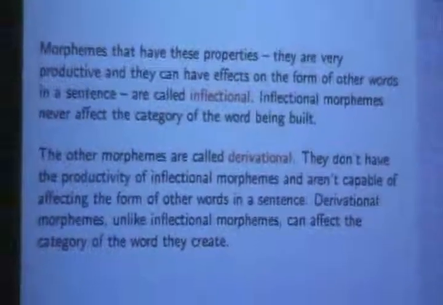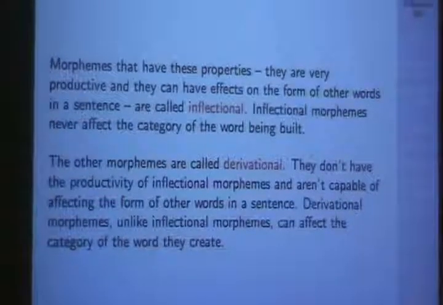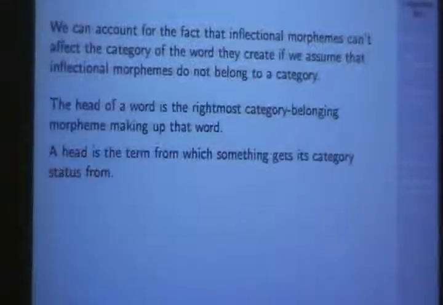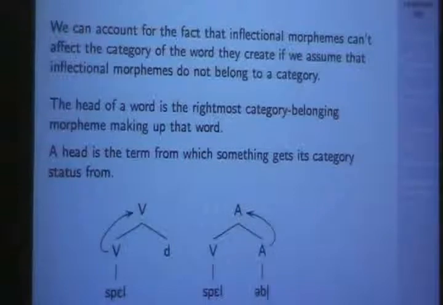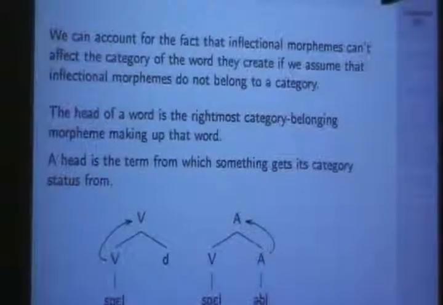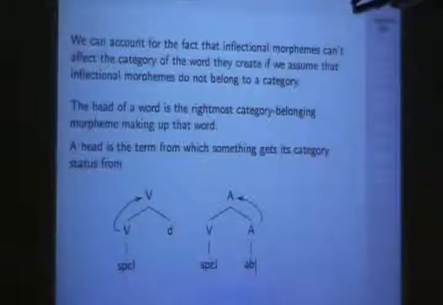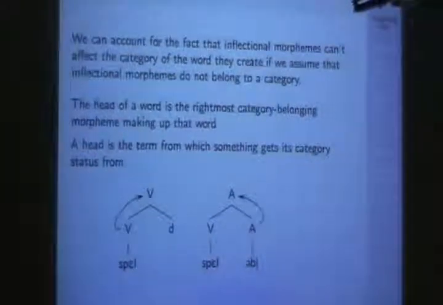Whereas able could be an adjective, and that's why doable is an adjective. The plural, or the past tense, isn't anything at all. It's not a verb, it's not a noun, it's not an adjective. It has no part of speech status.